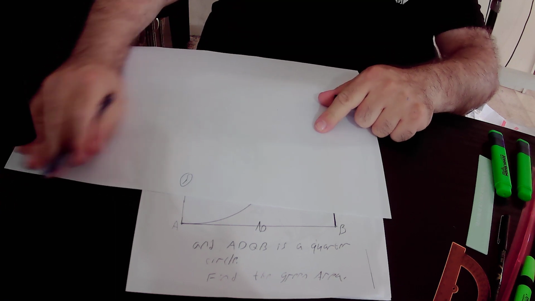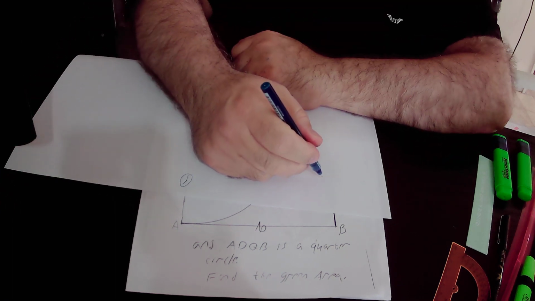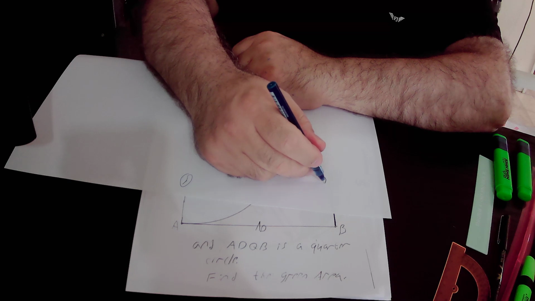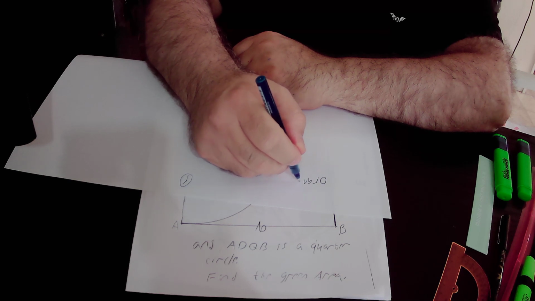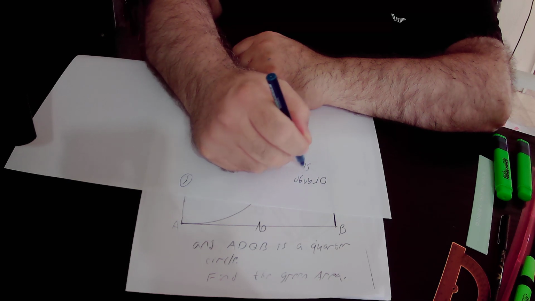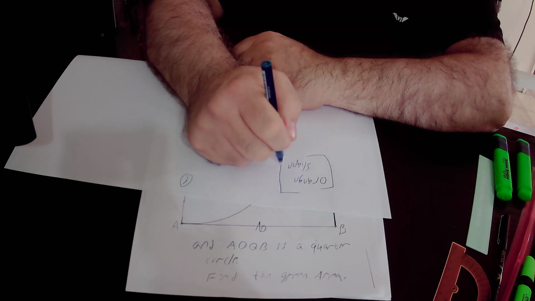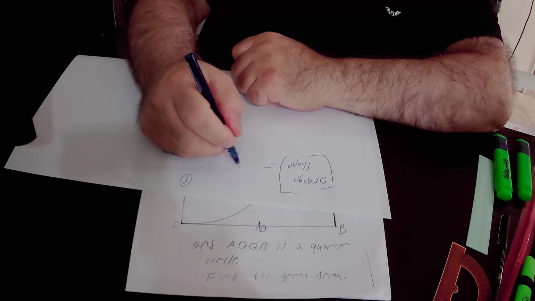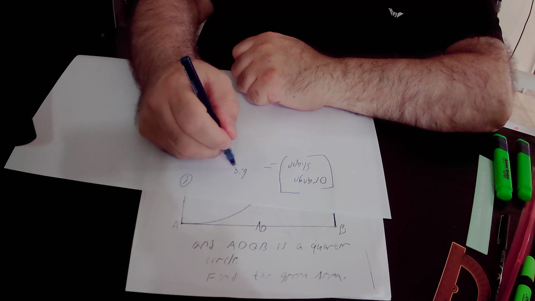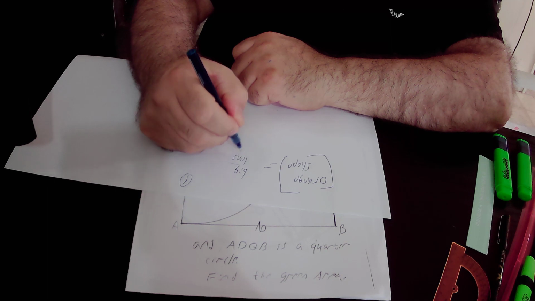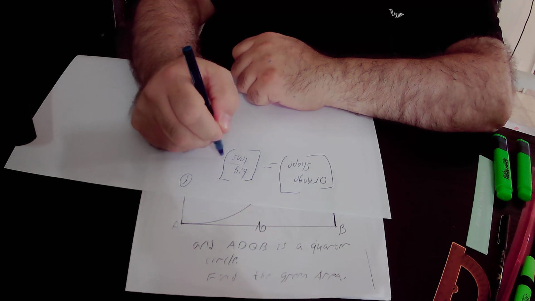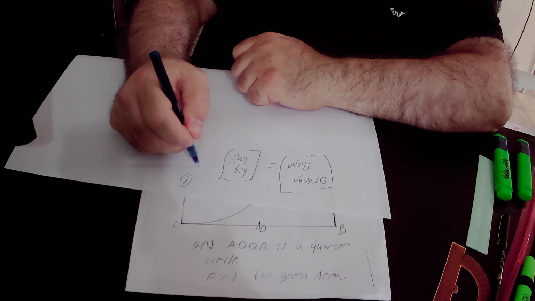The area of the orange shape equals the area of the big lens minus the area of the blue lens.